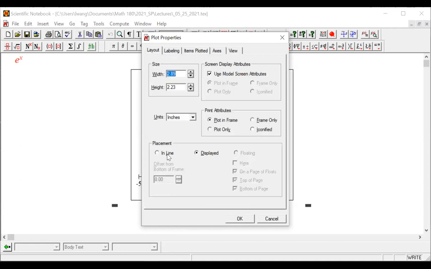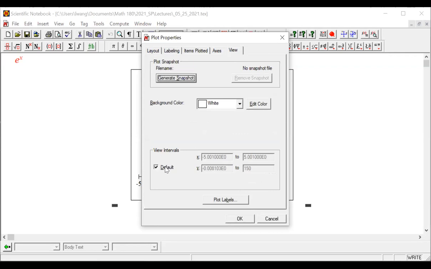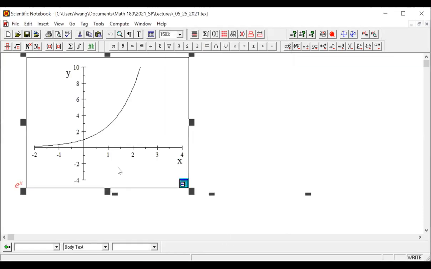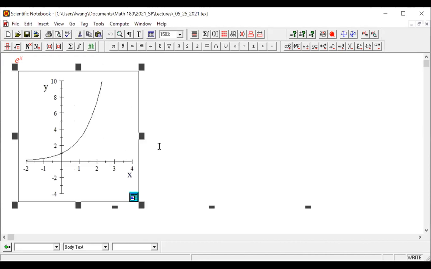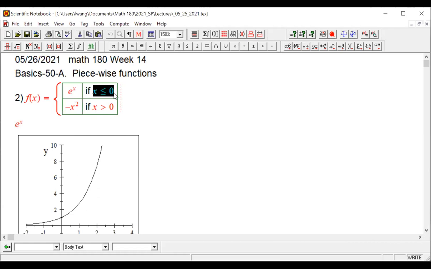So let me have it set up properly. Okay, so that's our e to the power x. What do we need for e to the power x for x less than or equal to 0? We only need this piece. Do you follow me? We only need this piece.